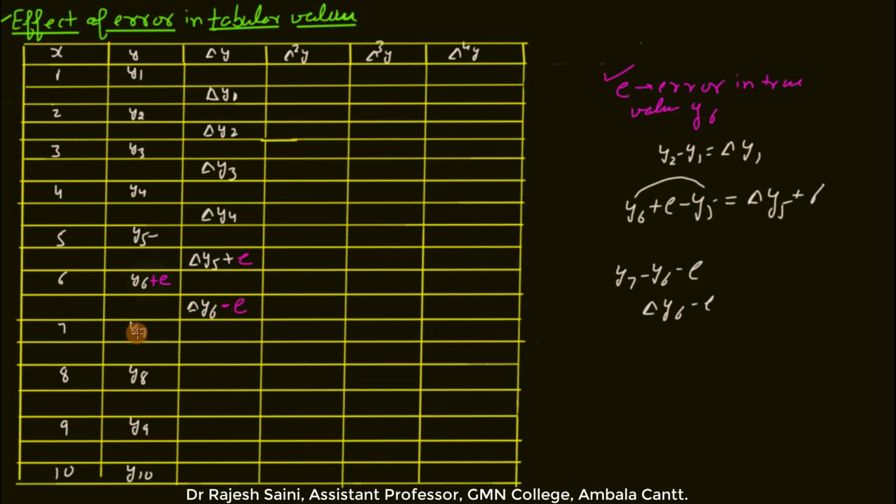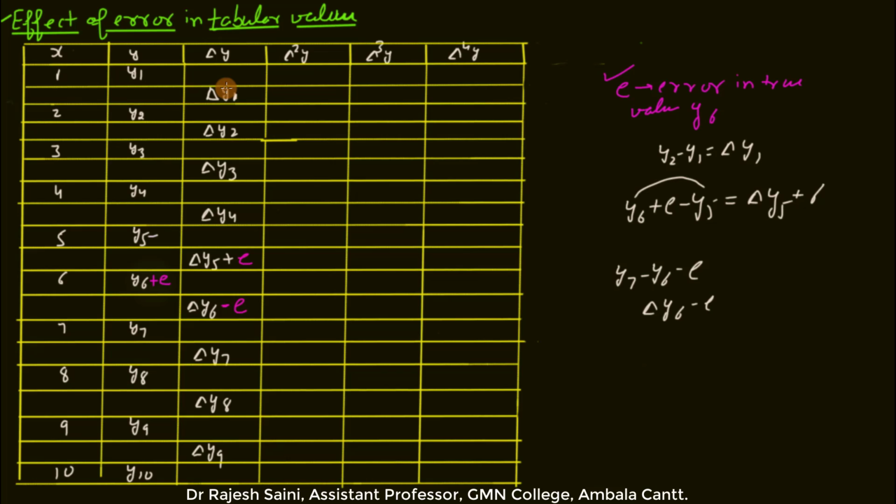Similarly, y8 minus y7 will be delta y7. y9 minus y8 is delta y8. y10 minus y9 is delta y9. Fine. So the error at one place has propagated to two places in the first order forward difference column. Now we'll move further and see what happens next.